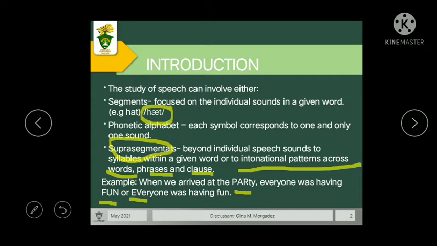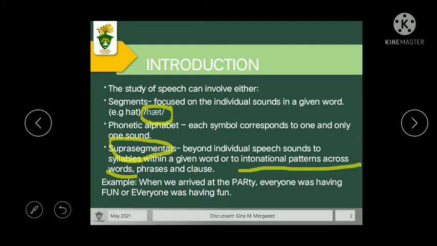Of course, the stress can be placed elsewhere in each tone unit if some kind of emphasis is desired. If the speaker wished to emphasize that all the people at the party were having fun, then he or she will give emphasis to this one: EVERYONE was having fun.